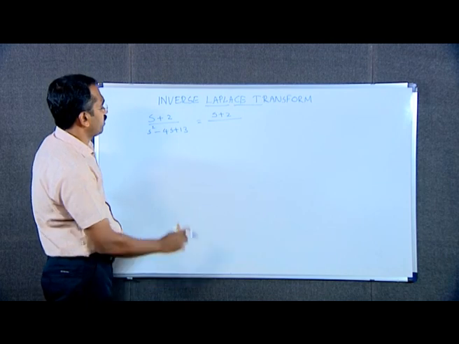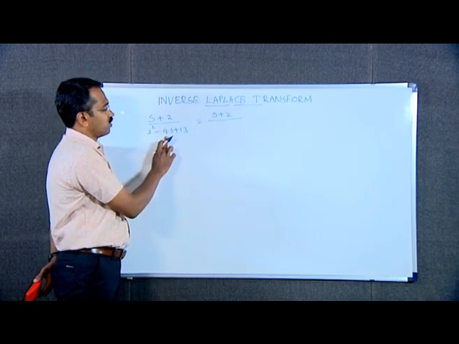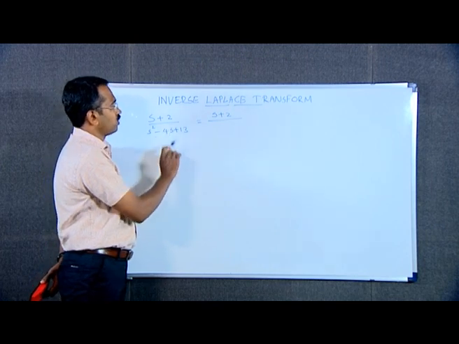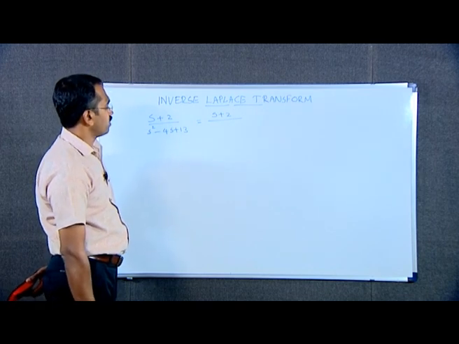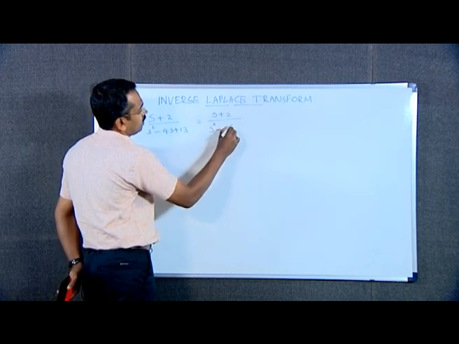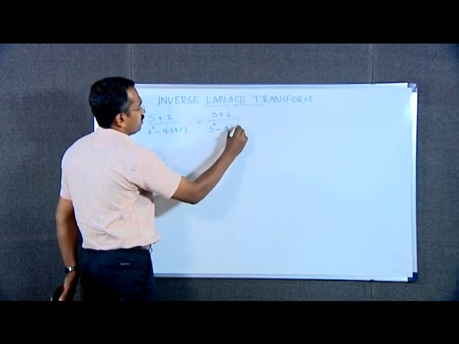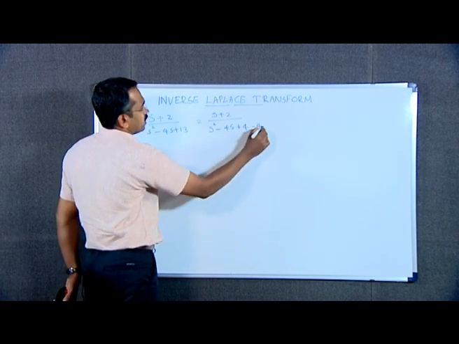For this we add two square, that is 4, in the denominator, and we subtract the same. We get s square minus 4s plus 4 minus 4 plus 13.